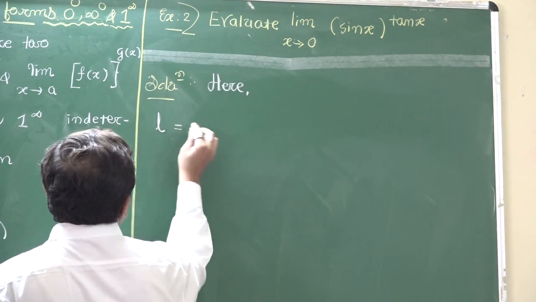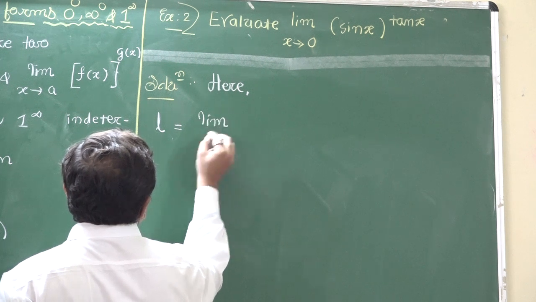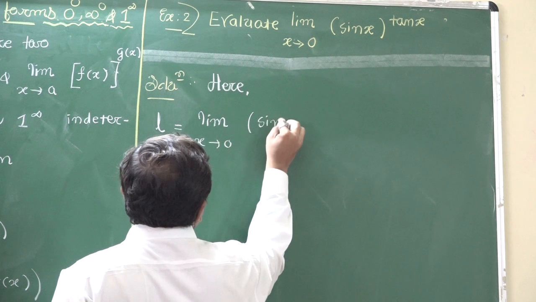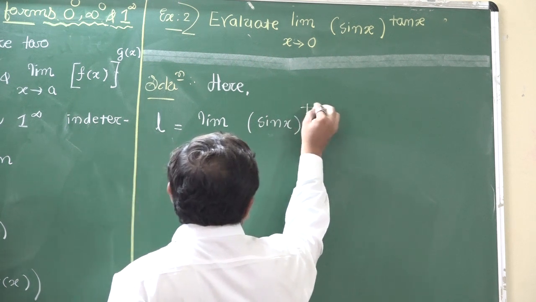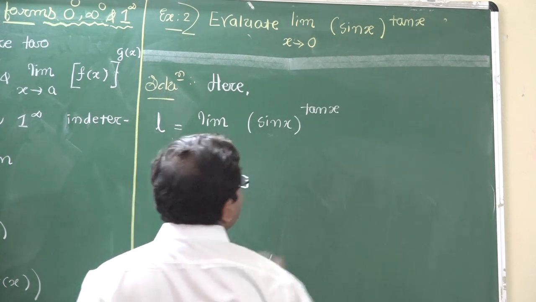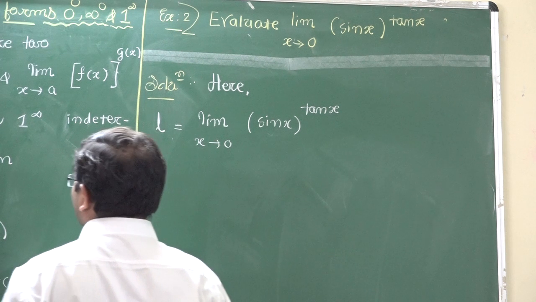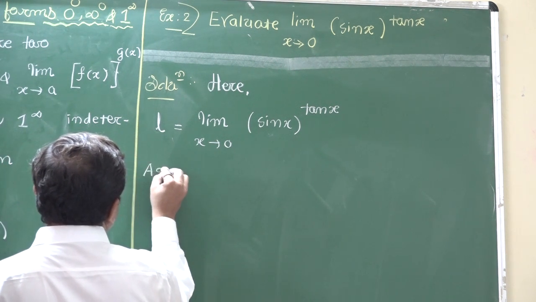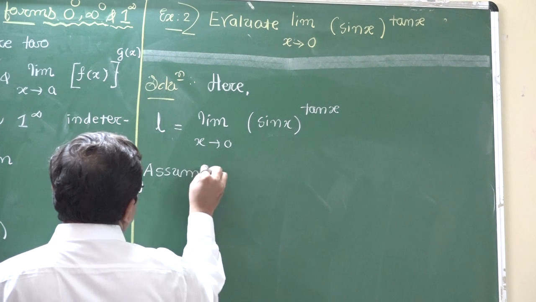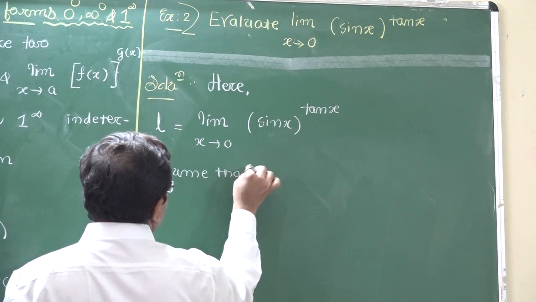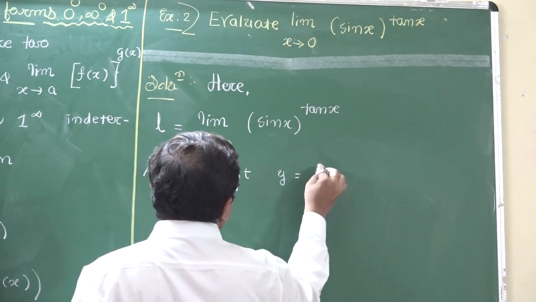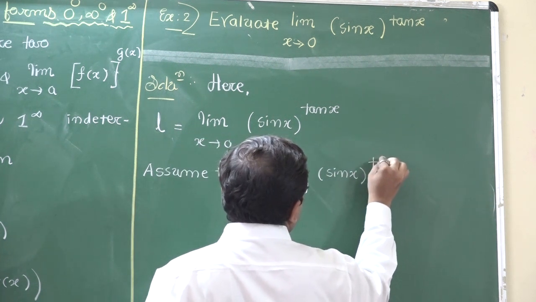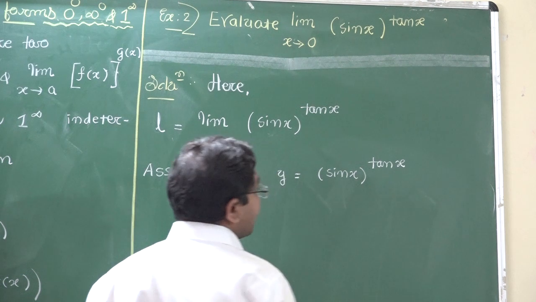Suppose L equals limit x tends to 0 of sin x to the power 10x. According to our procedure, we assume that y equals sin x power 10x.